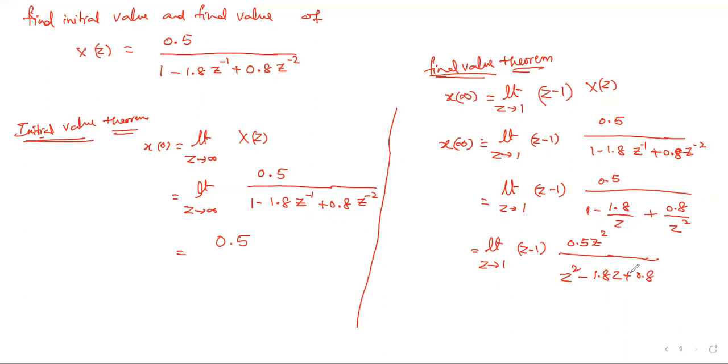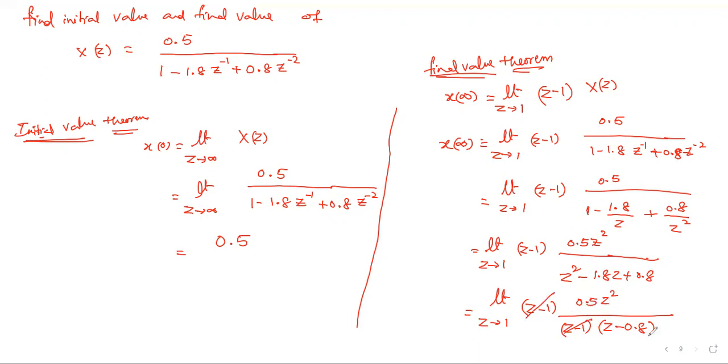Now, if I factorize this, limit z tending to 1, z minus 1 into 0.5 z square divided by, I'll factorize the denominator as z minus 1 into z minus 0.8. Now, z minus 1 will get cancelled.